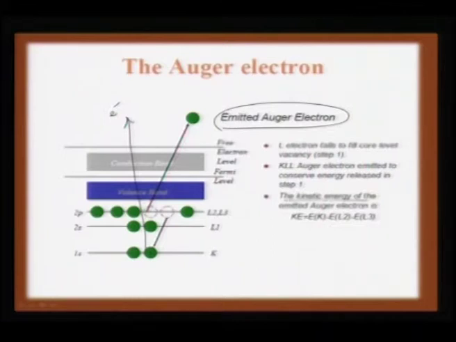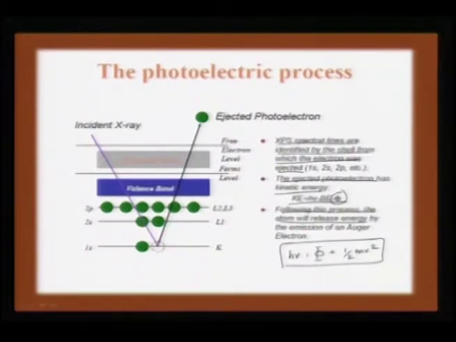So, the kinetic energy of the Auger electron is different from the kinetic energy of the photoelectron. In the photoelectron we are bringing in phi, and this binding energy is also a work function of the sample. This is typical of the sample, and this is typical of the machine or the electron gun.